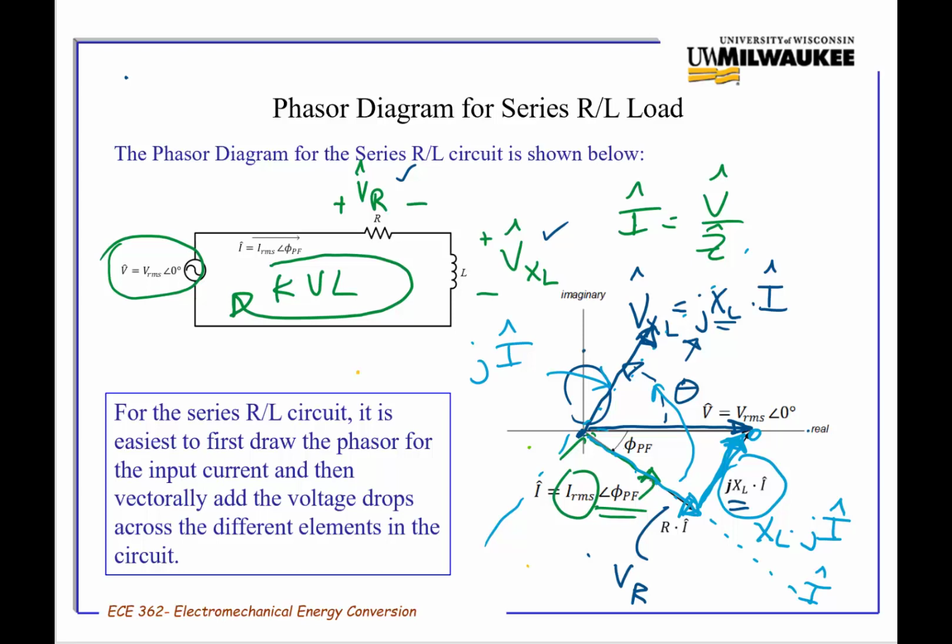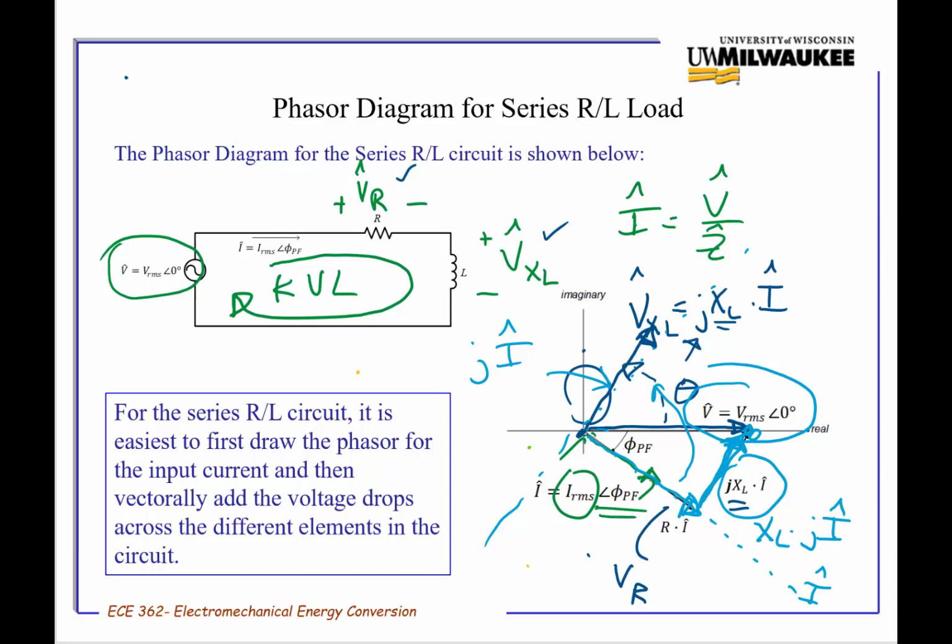Another way is, if you didn't know what VRMS was, but you knew what the load impedance was, and you knew what the current was in amplitude and phase, you could find the voltage by adding these two phasors together, and drawing a line from the origin ends up right along the real axis.